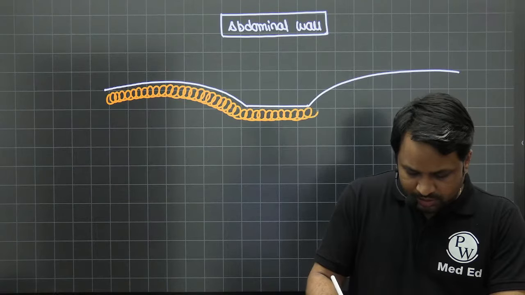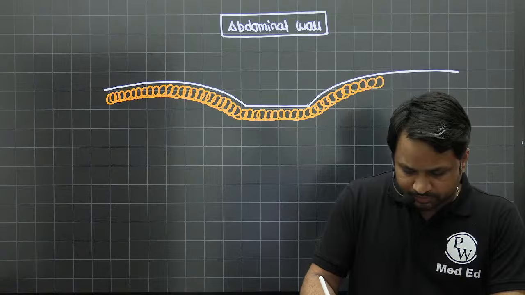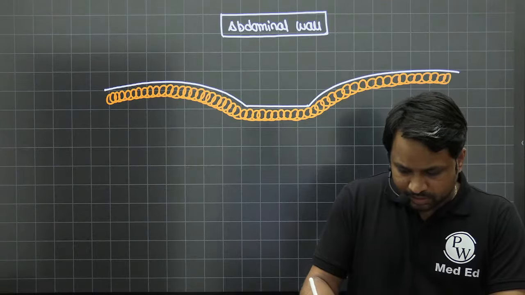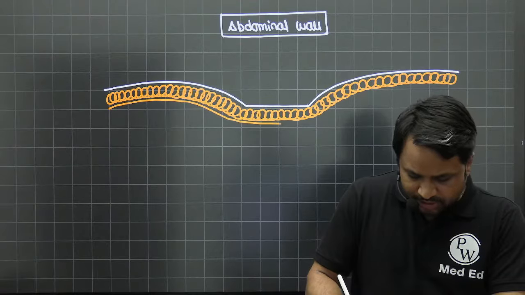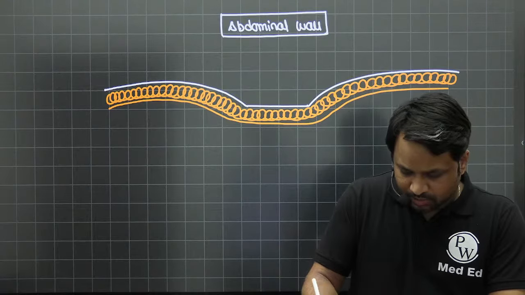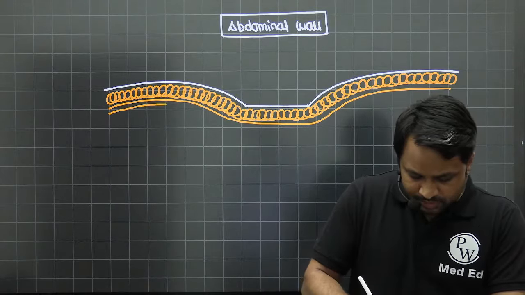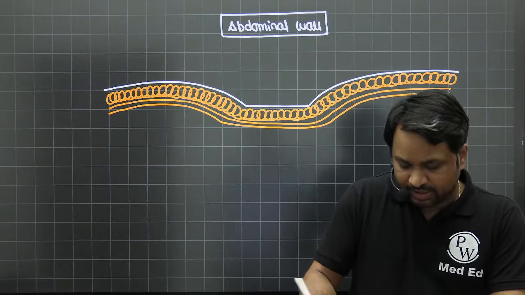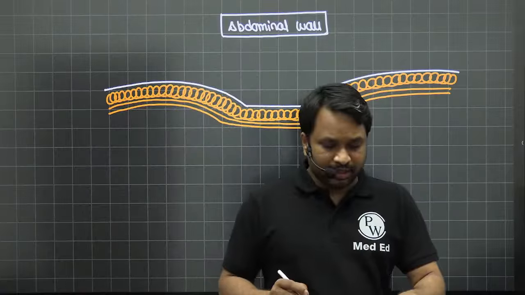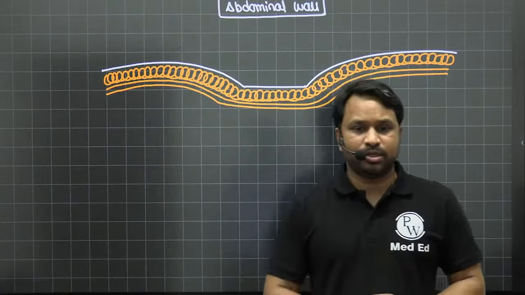The outer layer is the Camper's layer, and below the Camper's you will see a fibrous, sheety layer. This is what we call the Scarpa's. So the subcutaneous fat is divided into two layers, the outer Camper's and the inner Scarpa's. Next you have the abdominal wall muscles.